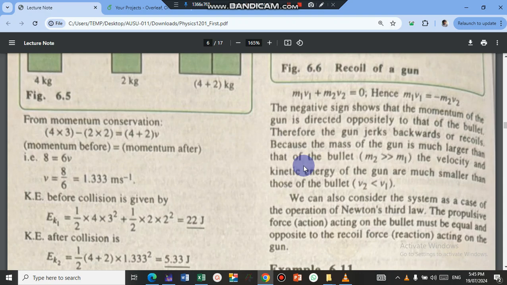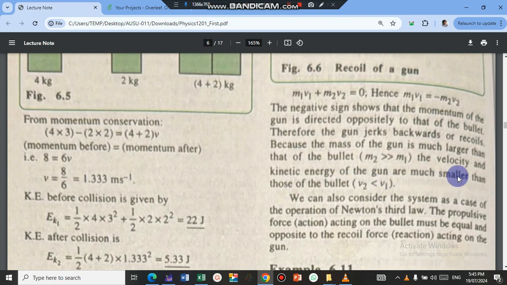Therefore, the gun jerks backwards or recoils because the mass of the gun is much larger. Now they are going to explain this. Because the mass of the gun is much larger than that of the bullet, we know that the bullet has a very small mass. The mass of the gun is much greater than m1.